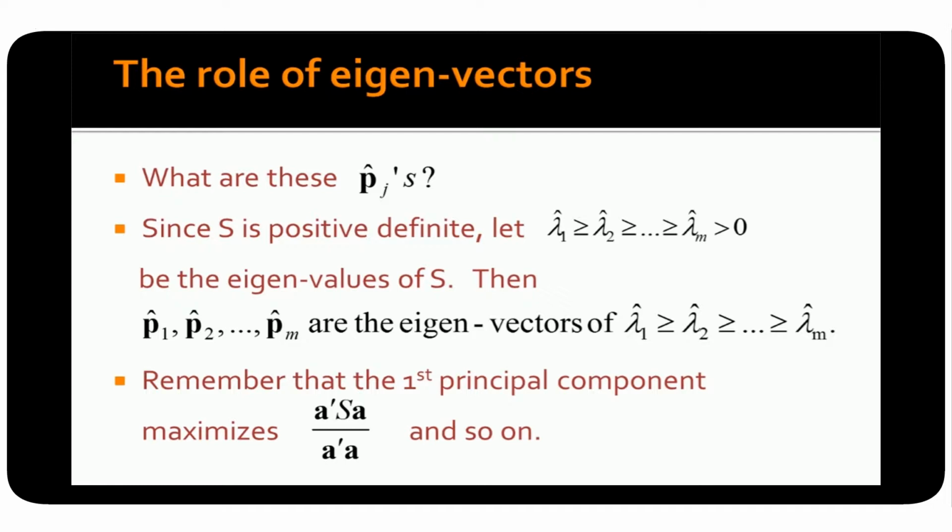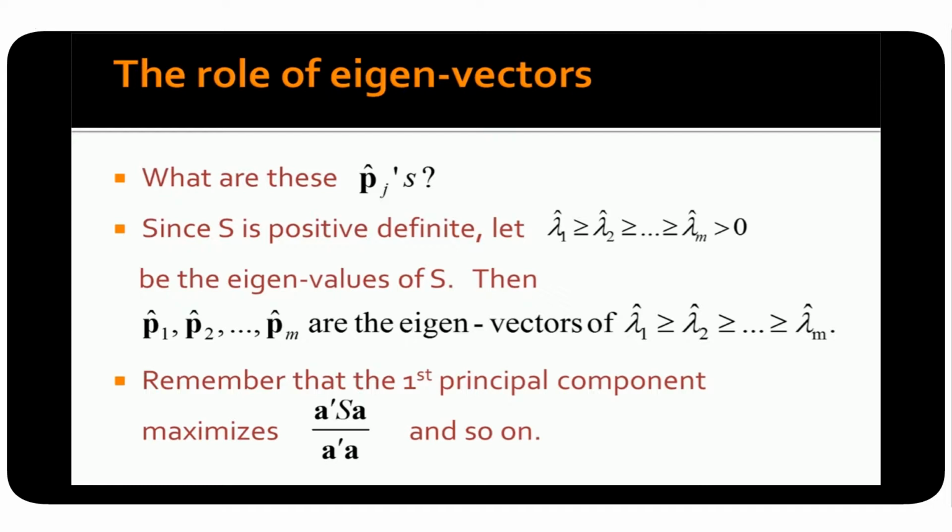Now, we can do this for each individual. So, we can write this as y_i, which is equal to a prime x_i. In this case, x_i stands for the ith individual with k characteristics, and if we compute the mean, then we have the sample mean for y as y bar, which is equal to a prime x bar.